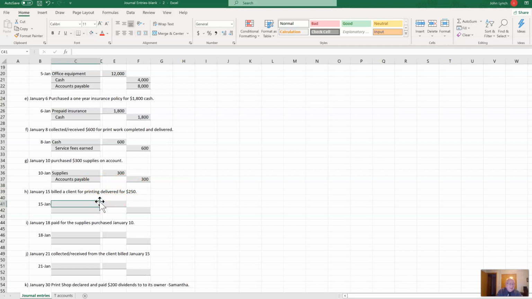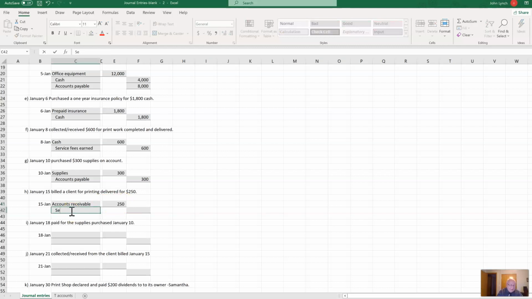On the 15th, we billed a client for printing and delivered $250. Okay, this was a charge by the client, so that's an accounts receivable. That means they owe us the money, and that's for $250.